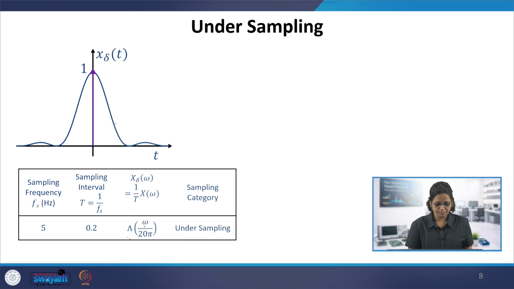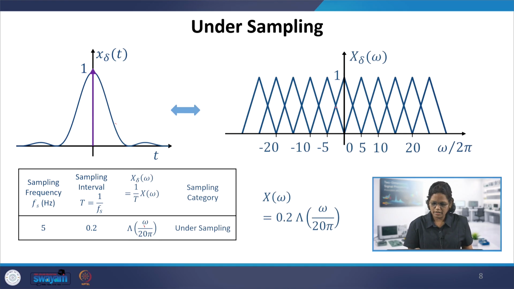So this is the x of del omega, where x of omega was this. Here you can see the base of that triangular function at 5 and minus 5. This gets overlapped. The next one would be at Fs, right?